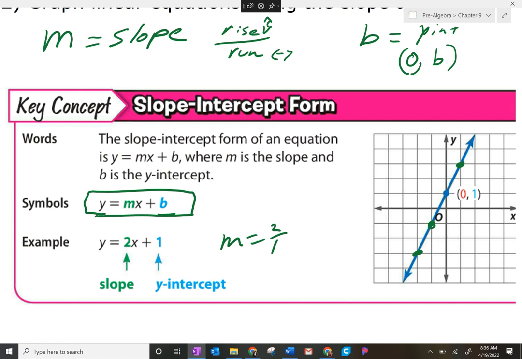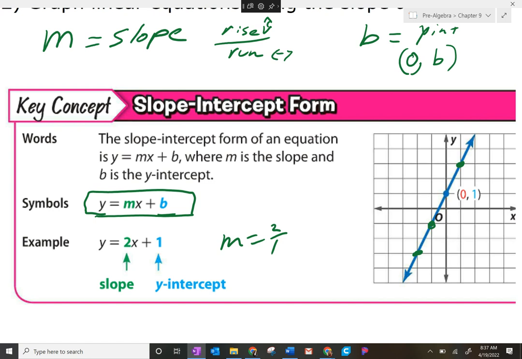If I'm starting here and go up 2 over 1, what's the pattern? How many am I going to go up next time? 2, and then over how many? 1. Every single time it's going to follow that exact same pattern.